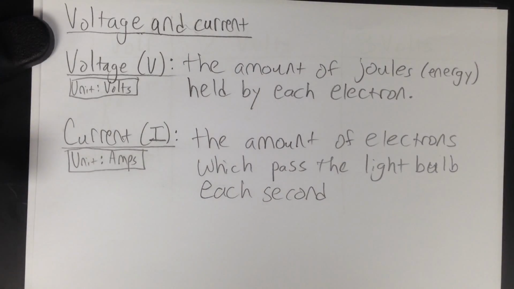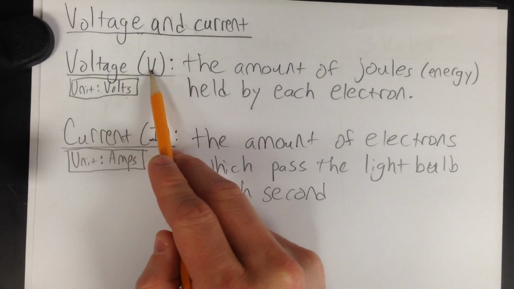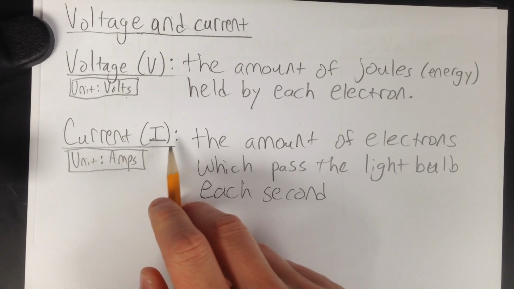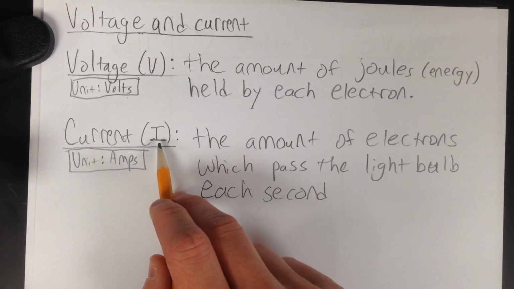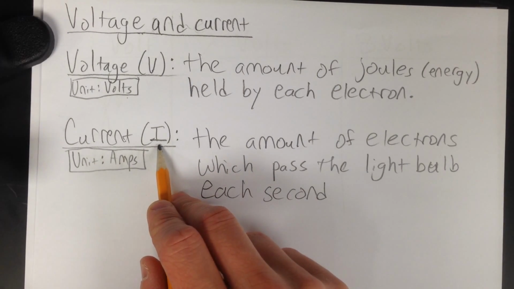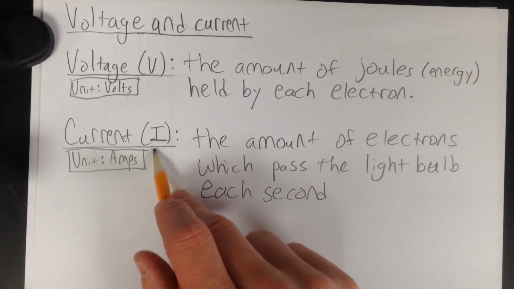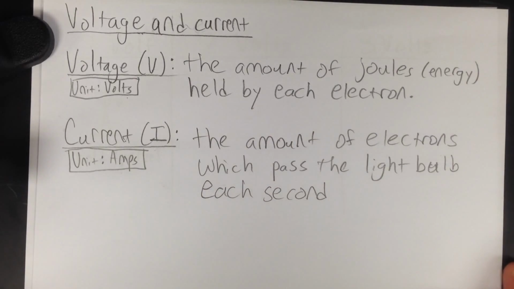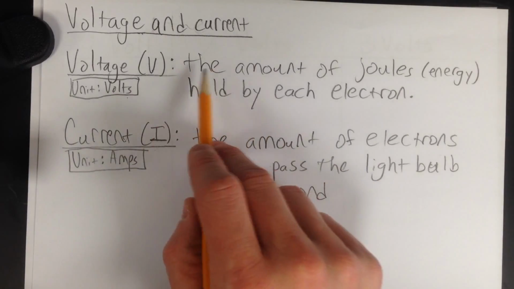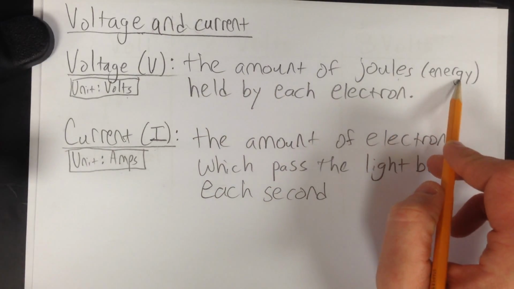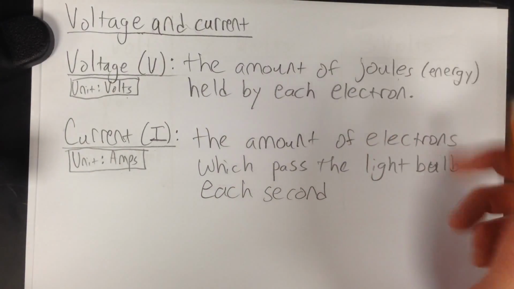Here are 2 definitions you need to know about a circuit: voltage and current. Voltage is measured in volts, represented by the letter V. Current is measured in amps, represented by the letter I. I guess C got taken somewhere else, so I represents current. Voltage is the amount of joules, that is energy, the amount of pretzels basically.